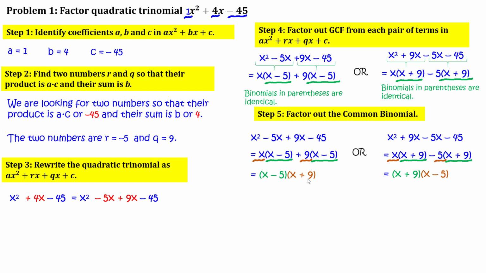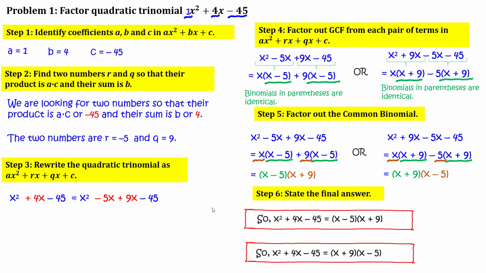So x minus 5 times x plus 9 is the same as x plus 9 times x minus 5, okay? So whichever way you went, you really got the same answer, and either one is fine. So step 6, you either get x squared plus 4x minus 45 equals x minus 5 times x plus 9, or you got x squared plus 4x minus 45 equals x plus 9 times x minus 5. Either one is fine, okay?